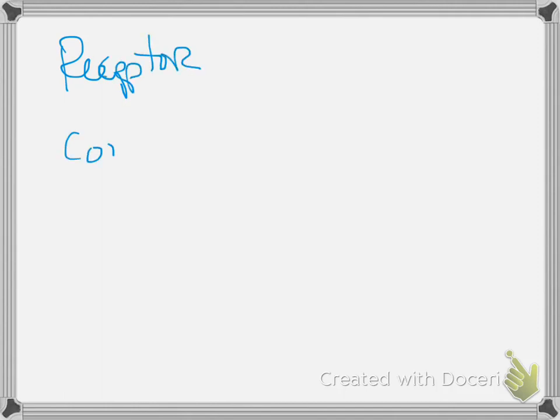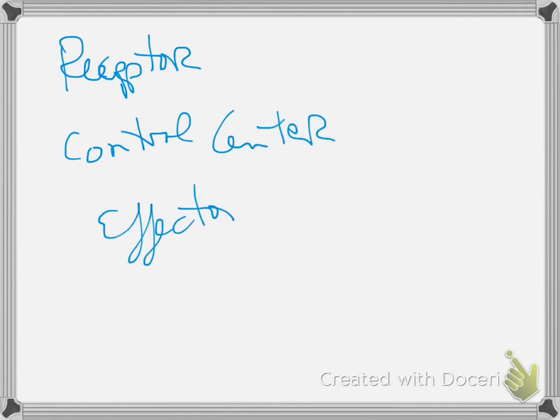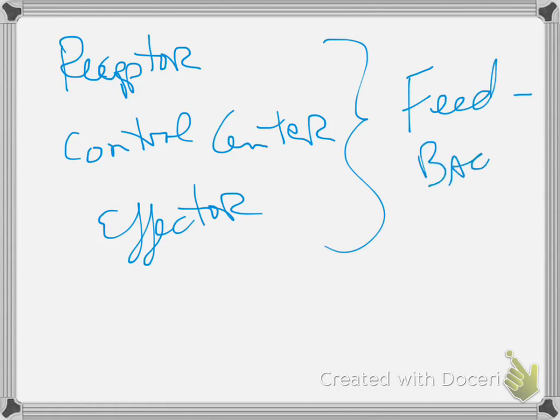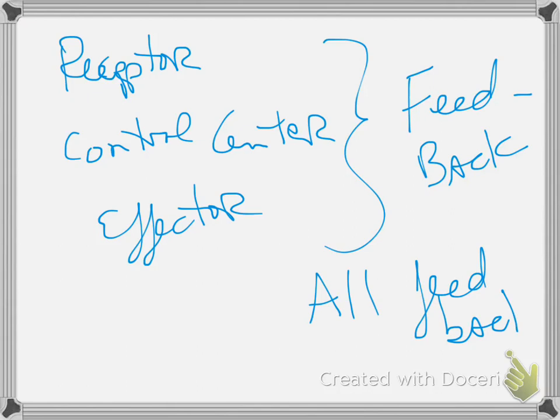There's still a control center, and there's still an effector. So, receptor, control center, effector, this feedback loop isn't just for negative feedback or positive feedback. It's for all feedback. Not just positive and negative, it's for all feedback.